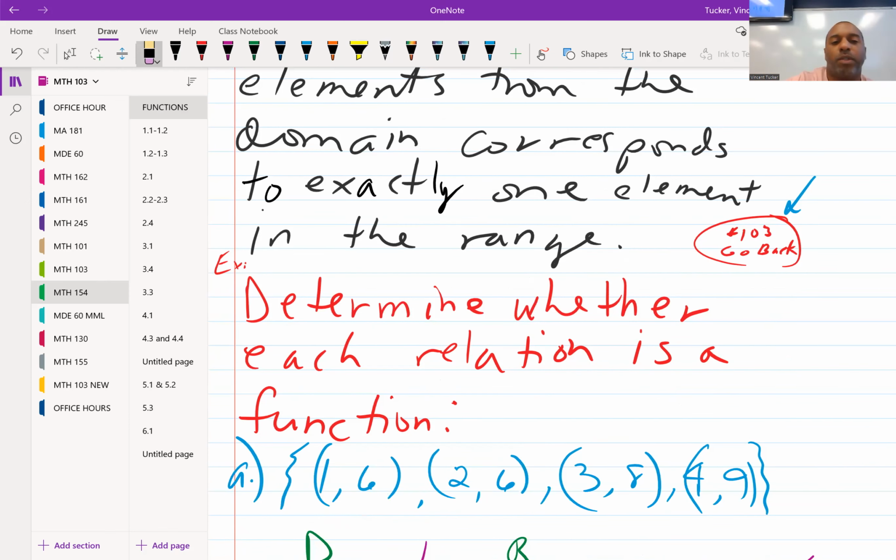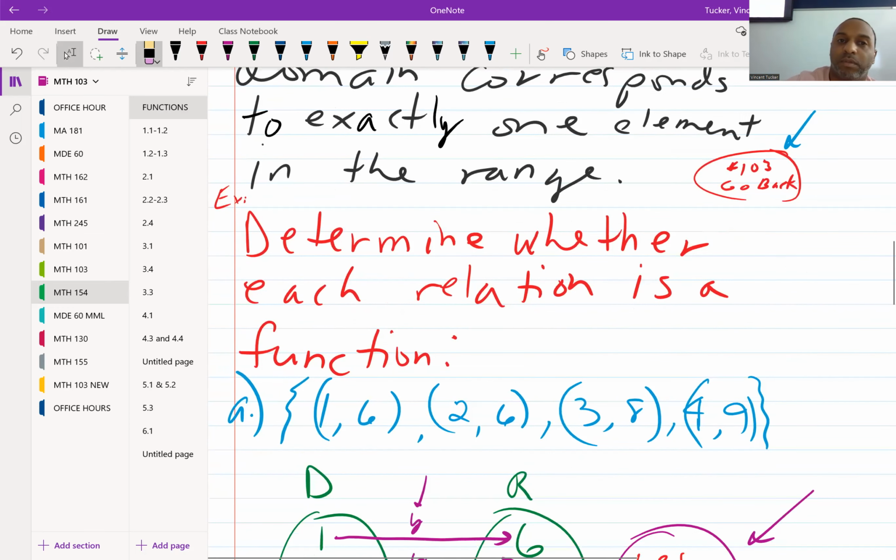All right, so the first example under this: determine whether each relation is a function. They give us the ordered pairs (1, 6), (2, 6), (3, 8), (4, 9).